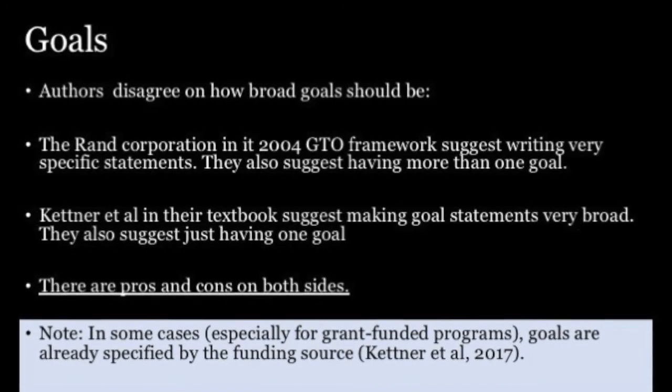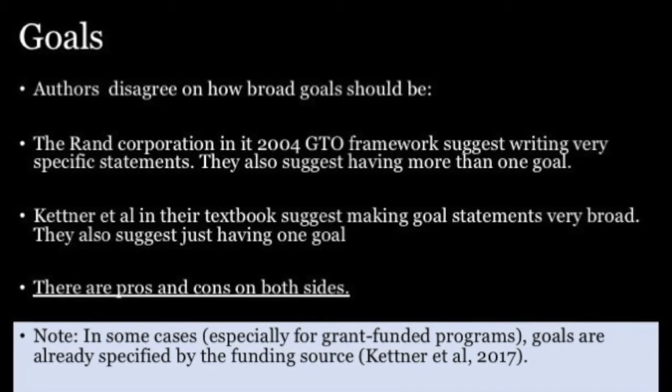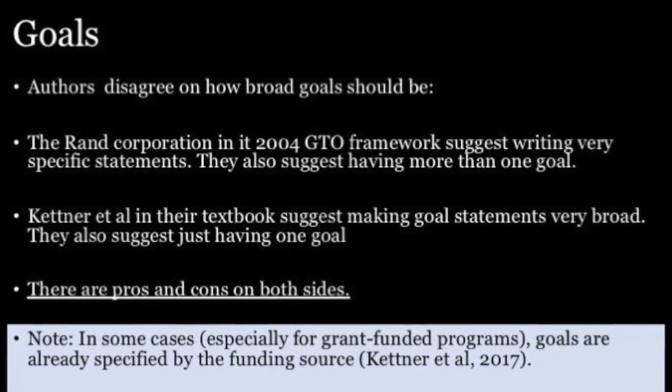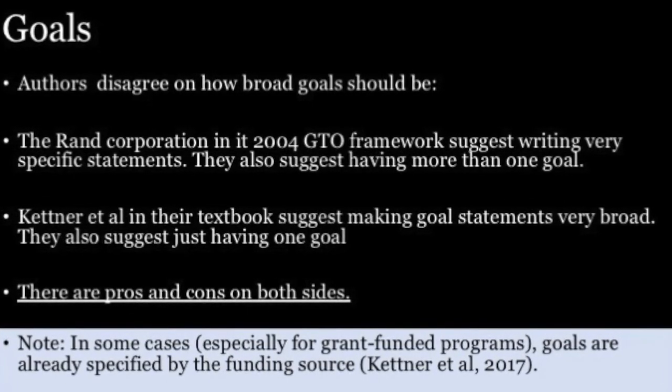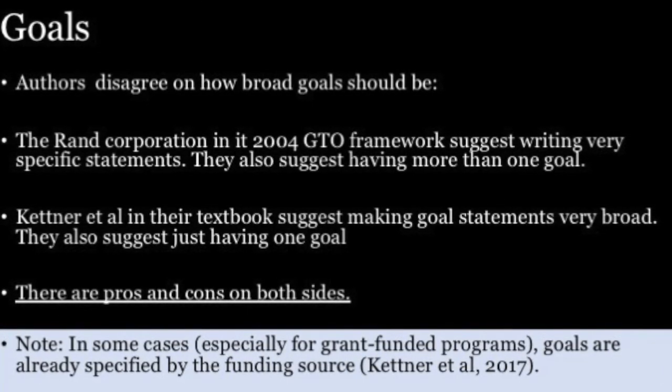Kettner and colleagues in their textbook suggest making goal statements broad and having just one for the entire program. There are pros and cons to both sides that I'm not going to discuss in this video. I tend to agree with Kettner and colleagues that a program should only have one general goal.